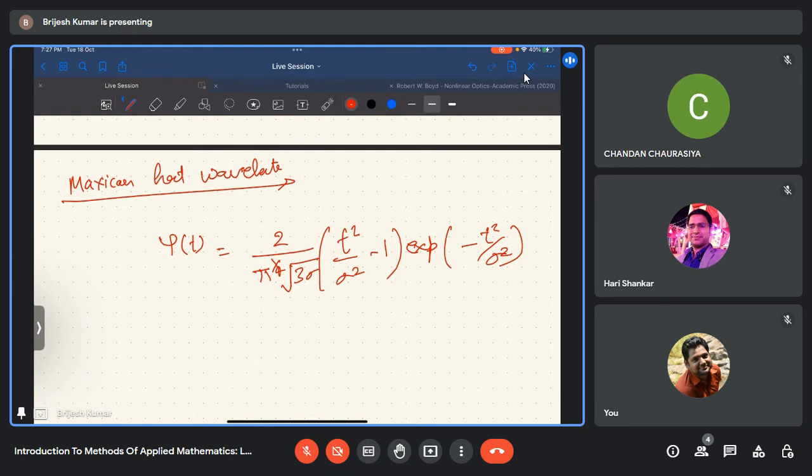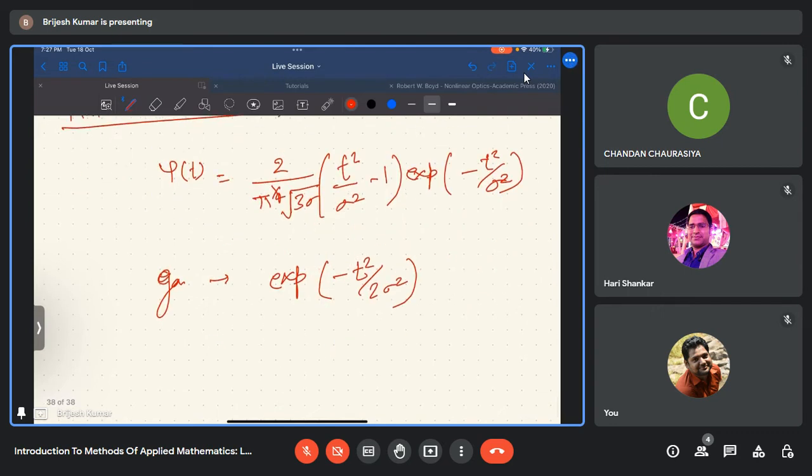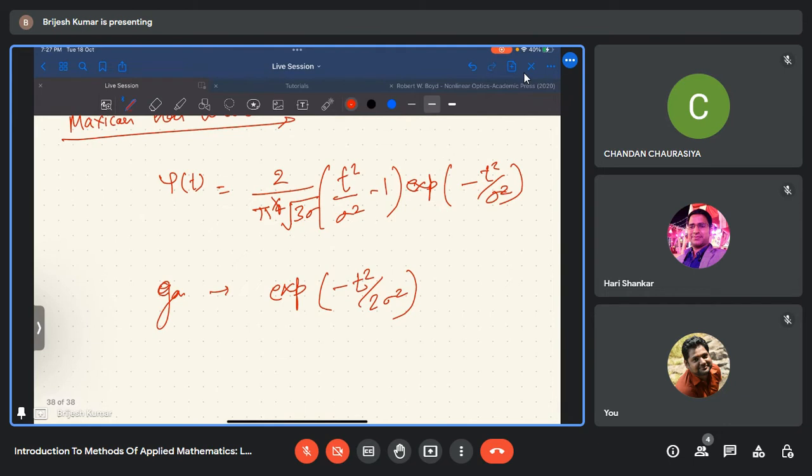This complicated form is derived from the second derivative of the Gaussian function, exponential of minus t square upon 2 sigma square. The constant that is multiplied comes from the normalization property of the mother wavelet.